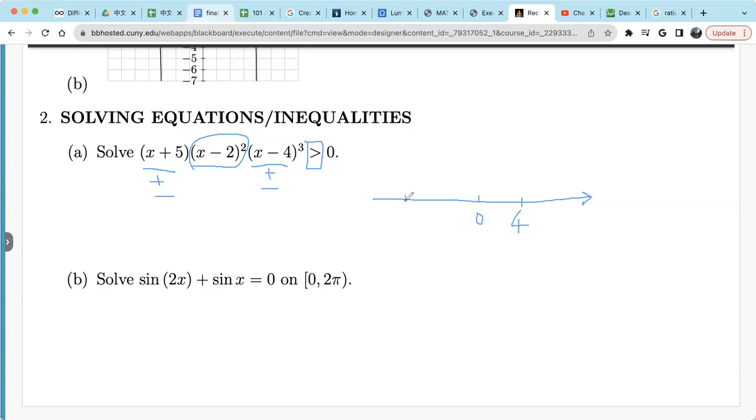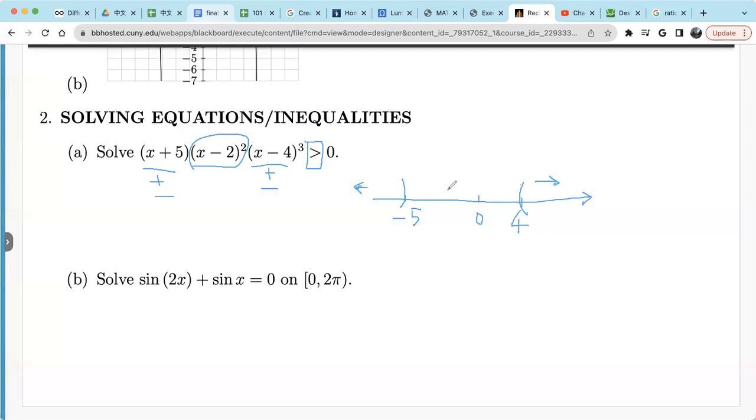For x plus 5, we mark -5. So we split this into 3 intervals: from -5 down to -infinity as one interval, between -5 and 4 as another interval, then from 4 to positive infinity as the third interval.